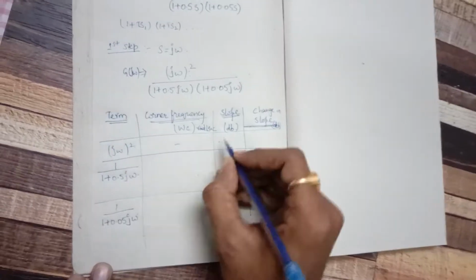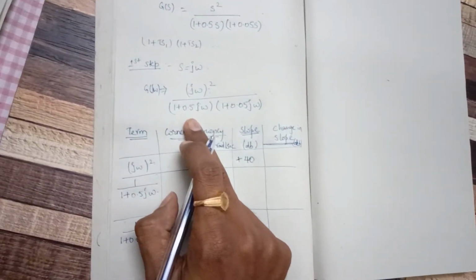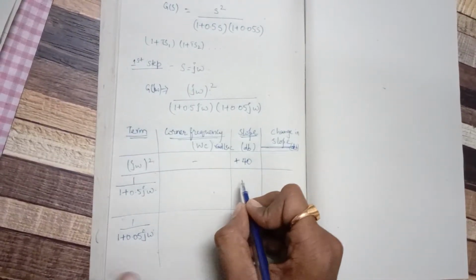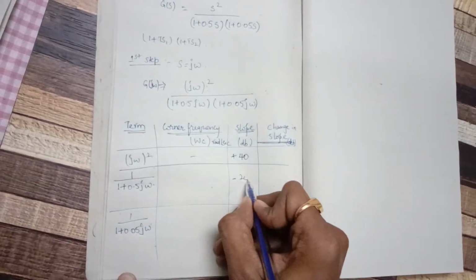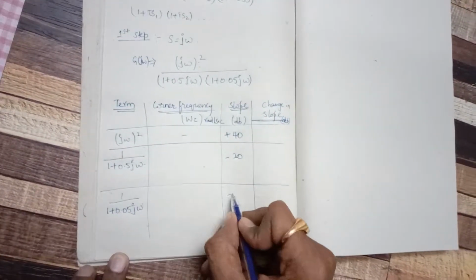Because it is in the numerator, I take it positive, plus 40. The next term is in the denominator with order 1, so the slope is minus 20. In a similar way, this is in the denominator and the order is 1, so it is minus 20.